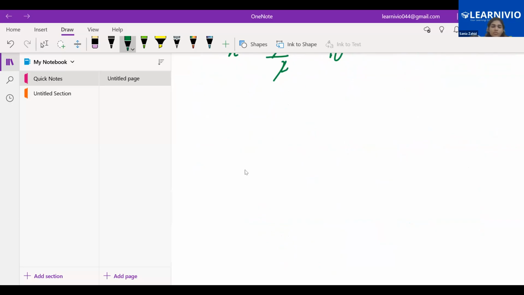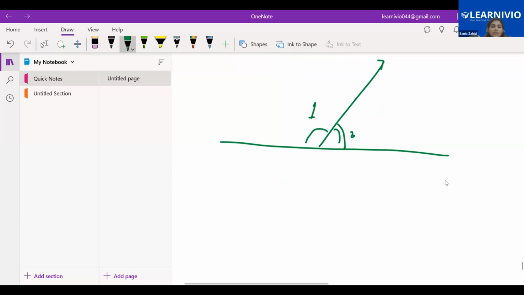Now next, see, now you have one question. This is a straight line and you have two angles. This is angle 2 and this is angle 1. It is given that angle 1 and angle 2 are supplementary angles.